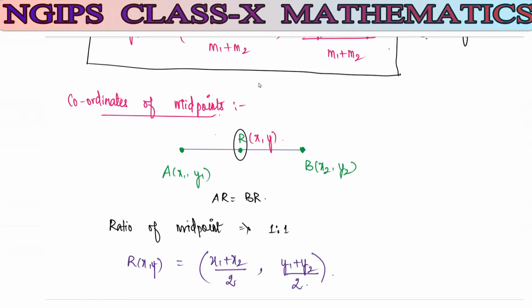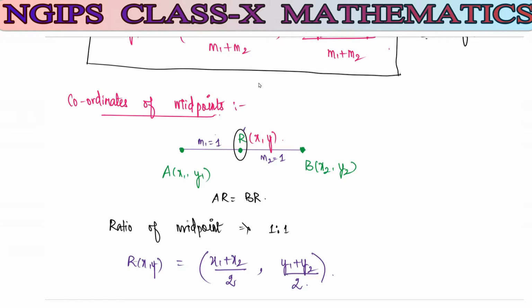Once again, if a point divides the line joining A (x1, y1) and B (x2, y2) internally in the ratio m1 equal to 1 and m2 also equal to 1, both ratios being equal, then we get the midpoint of this line segment.